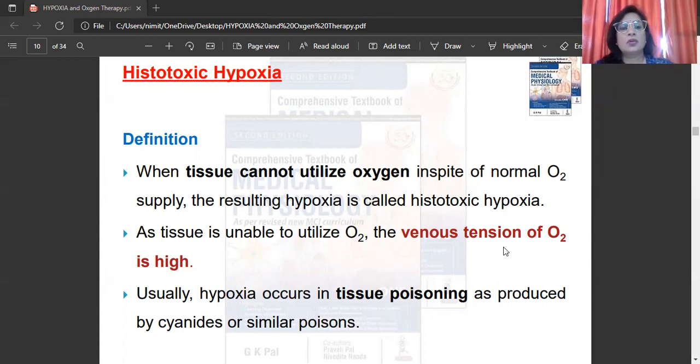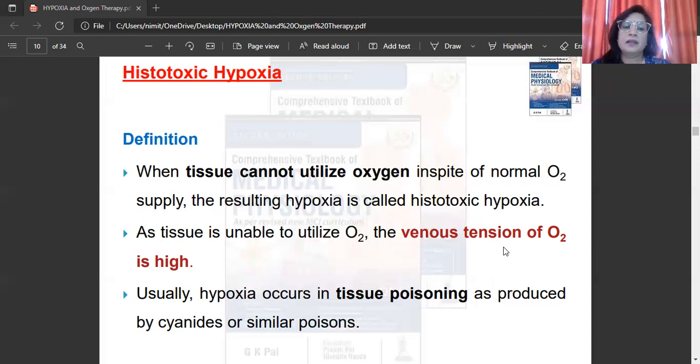So what is histotoxic hypoxia? As the name suggests, it is when tissue cannot utilize oxygen in spite of normal oxygen supply. So oxygen supply is normal, kindly note, normal oxygen supply is there, but tissue is not able to utilize the oxygen.